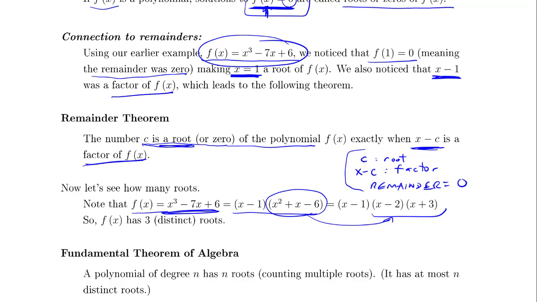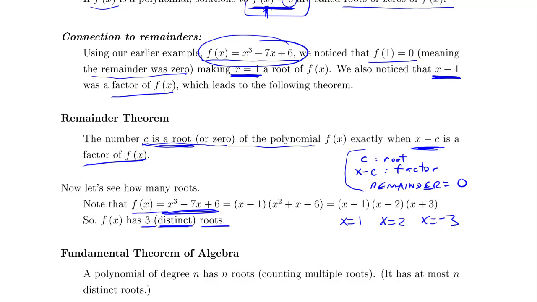That shows us, so now let's take a look, that x equals 1, we already knew, would solve this, make it equal to 0. And x equals 2 would work, and x equals minus 3 would work. So we actually got 3 distinct, because they were different, roots.